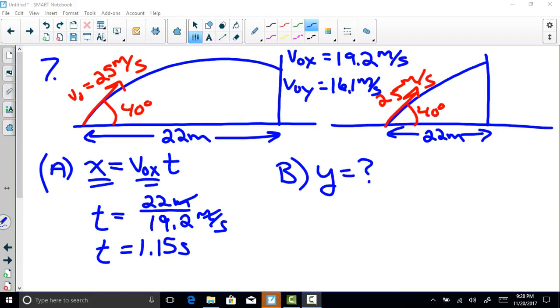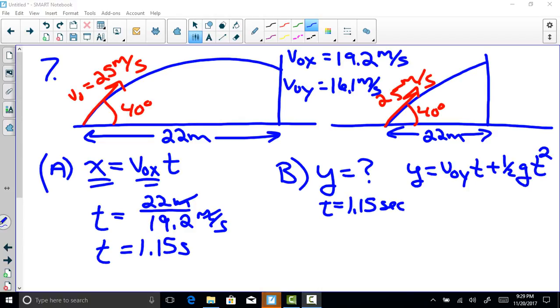I want to know the y distance, and we want to know how high it is at 1.15 seconds. If you use the equation y equals v initial y t plus 1/2 g t squared, that equation will tell me how high I am at 1.15 seconds, with the other given information.